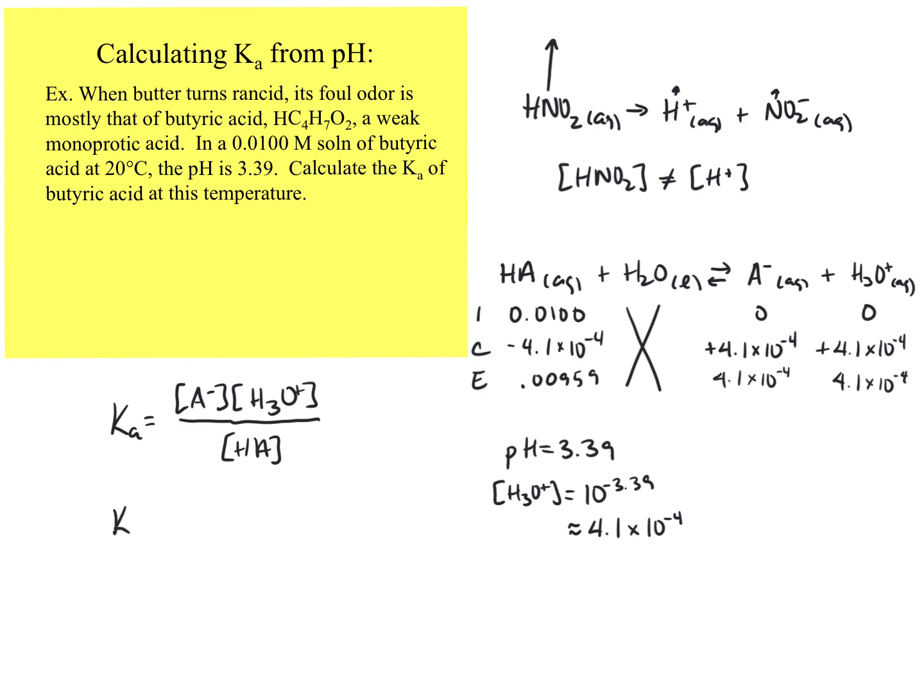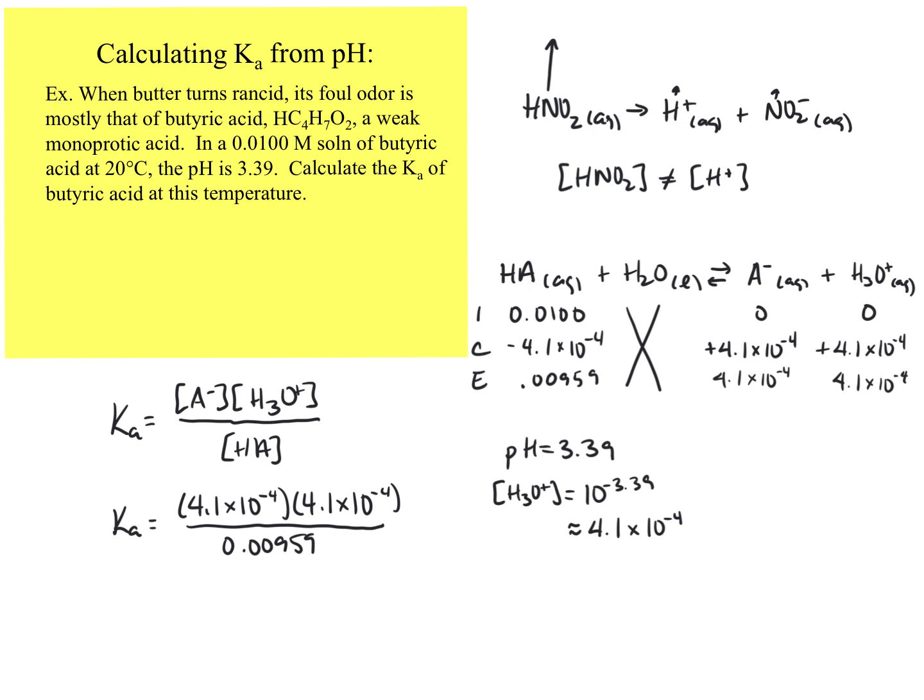So the Ka would equal 4.1 times 10 to the negative 4 over 0.00959. We can go ahead and put that in the calculator.